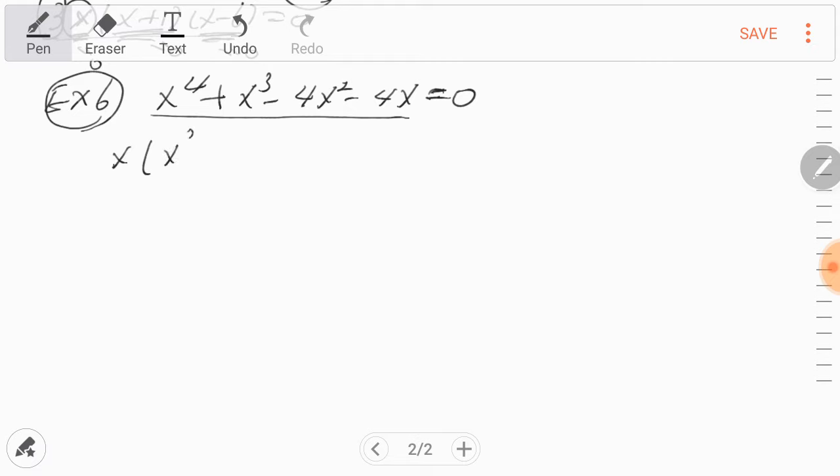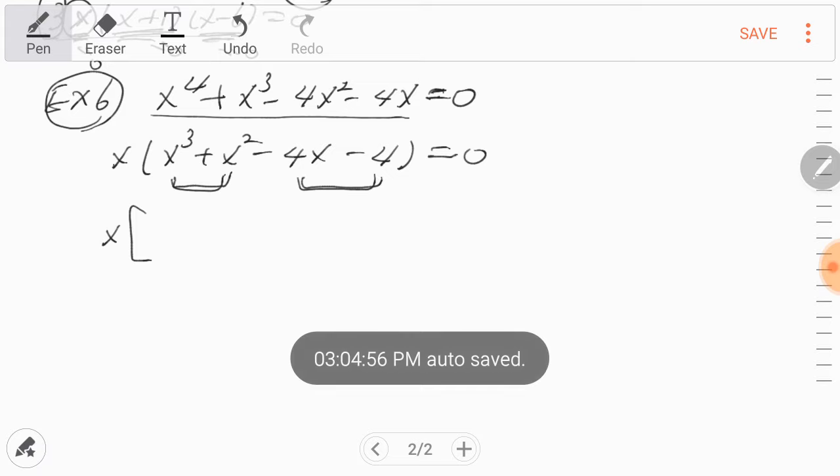Then x cubed plus x squared minus 4x minus 4 is equal to 0. And the parenthesis has 4 terms, so why don't we try factoring by grouping. So factor by grouping, then x times, let's put a big bracket.